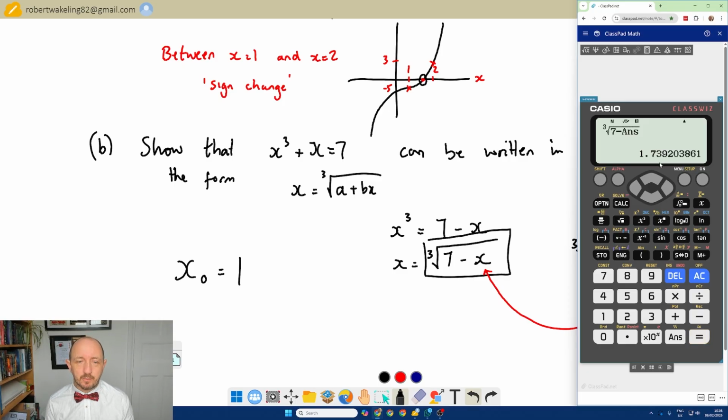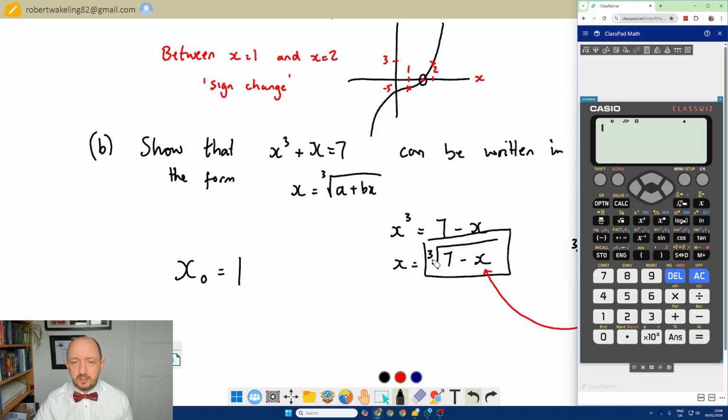1.739. Okay, so by rearranging our original equation into this crazy form, yeah, that's quite difficult, but the iteration process is actually just a case of putting some numbers into your calculator. And the way that I do it in the exam is to take X0, which is 1, press equals, and now your calculator with the ANS button will remember that.